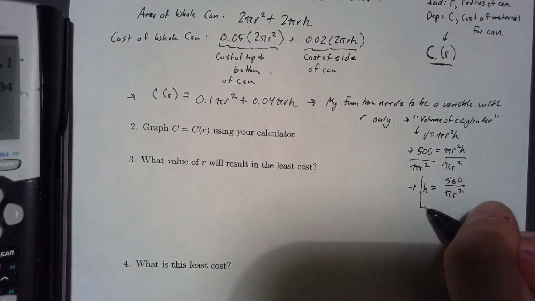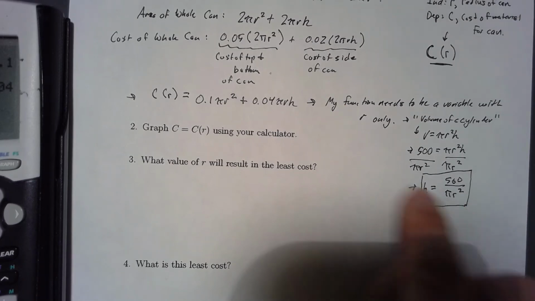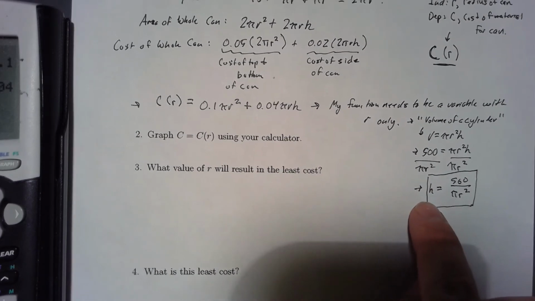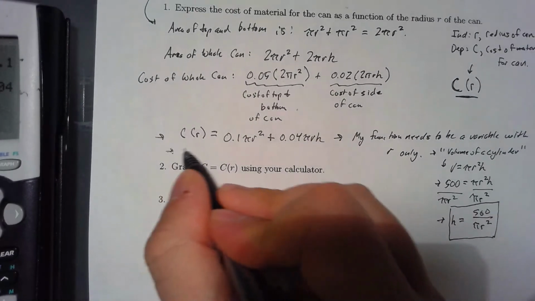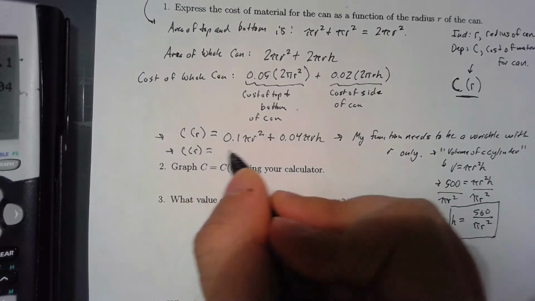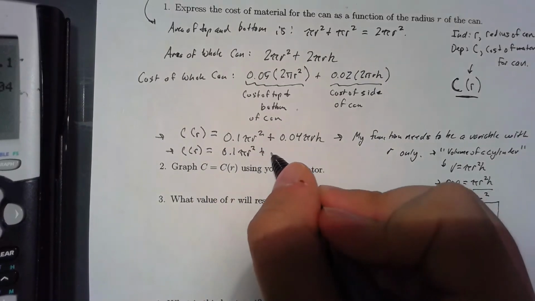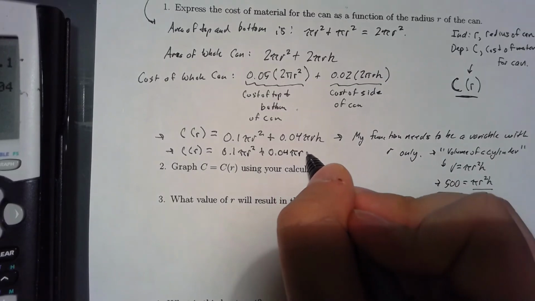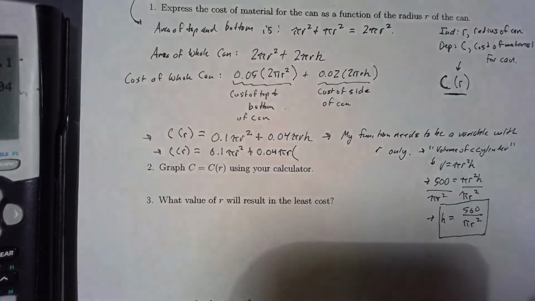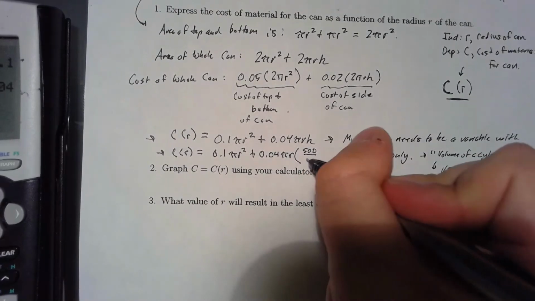So I'm going to take that and replace h here with this. So when you do that, you're going to get 0.1 times pi r squared plus 0.04 times pi times r, and h now becomes 500 over pi r squared.